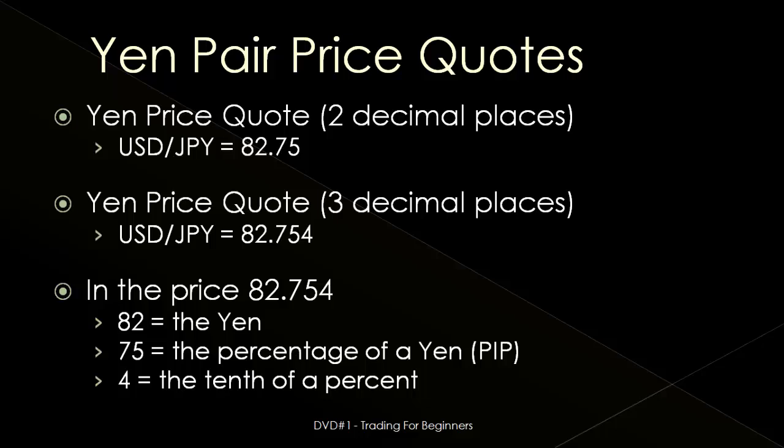So with the yen pair price quotes, we have 2 or 3 decimal places, and the cents have been removed. You'll notice that 82 is the yen, 0.75 in this case is actually the percentage of a yen. And finally, if it is available on your account, you will have the 10th of a percent. So if you have a 3 decimal place account with your broker, you're going to see the 0.1%.